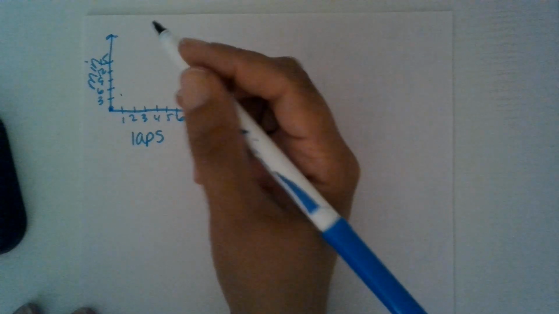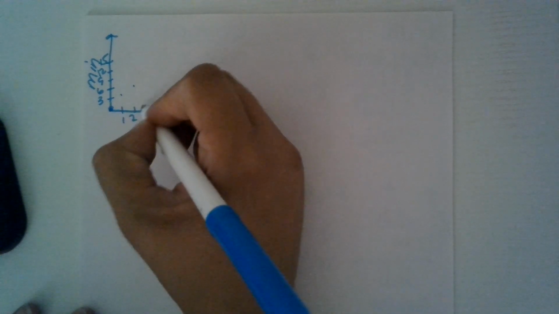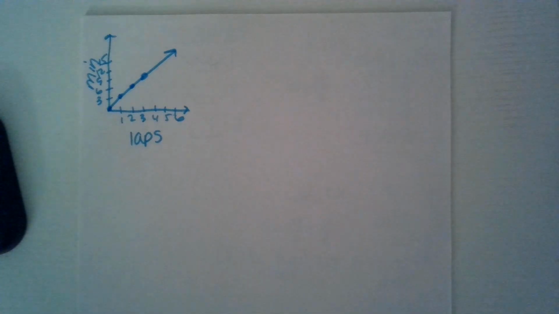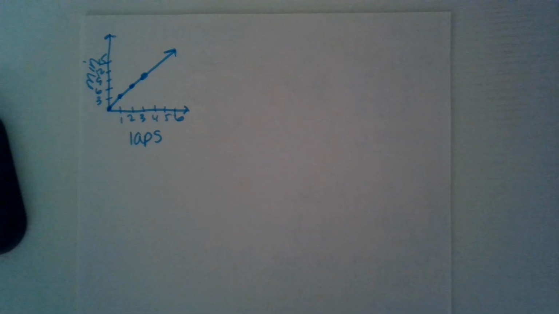And again, I'm going to explain what makes a graph proportional. I'm not there yet. I'm just going to do this one example and show you what I mean by graph.